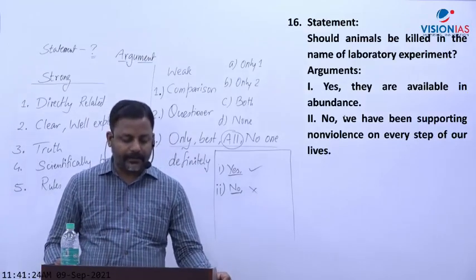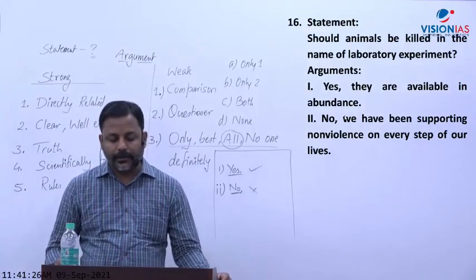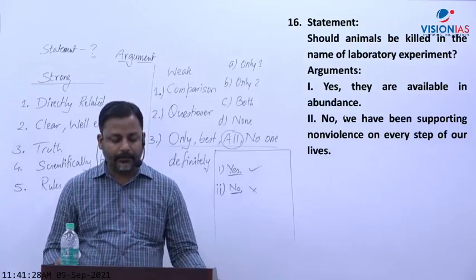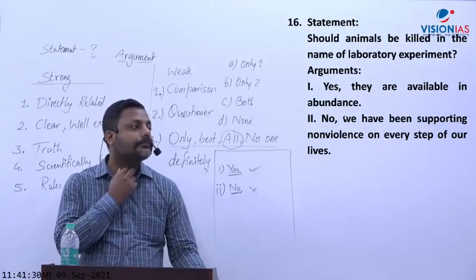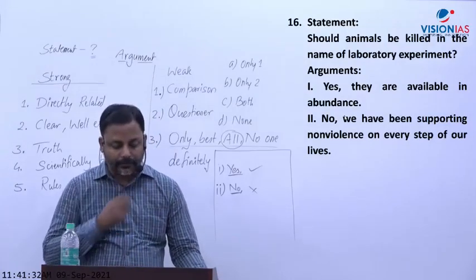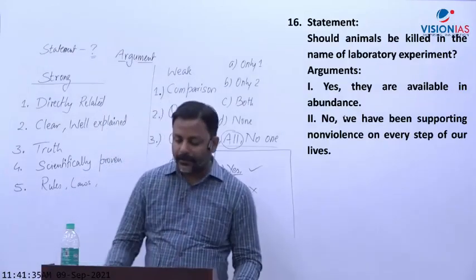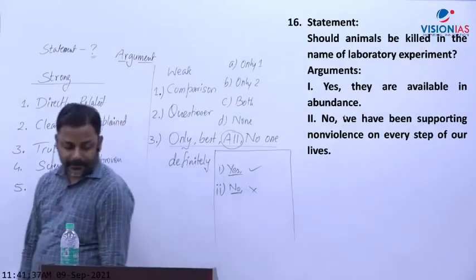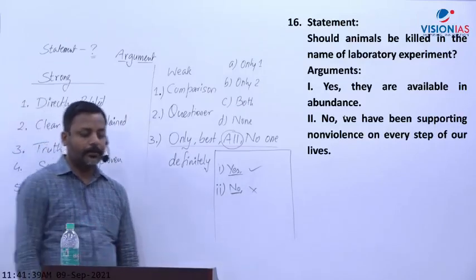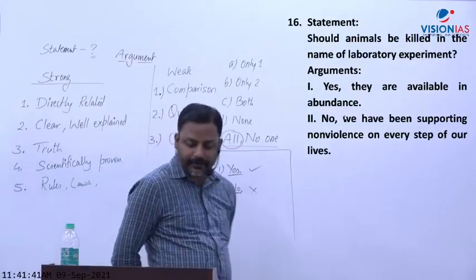Okay, statement number 16. Should animals be killed in the name of laboratory experiment? Argument first, yes, they are available in abundance. And second, no, we have been supporting non-violence on every step of our lives.